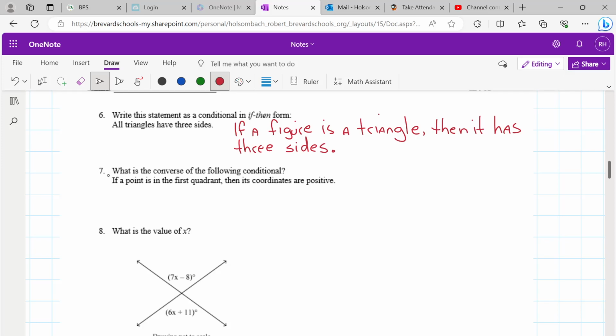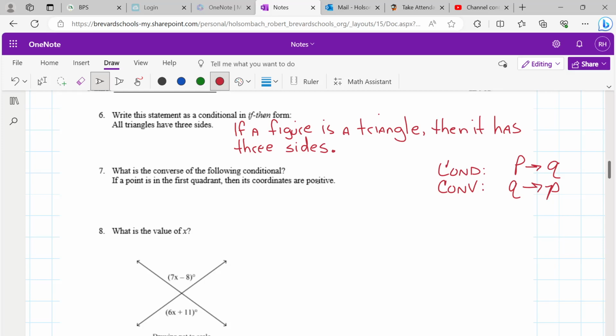All right, in problem number 7, what is the converse of the following conditional? And hopefully you spent some time on those symbols. The conditional is P arrow Q. The converse is Q arrow P, right? Converse is when we switch the hypothesis and the conclusion of the original conditional. So what follows the then is the conclusion. Its coordinates are positive.